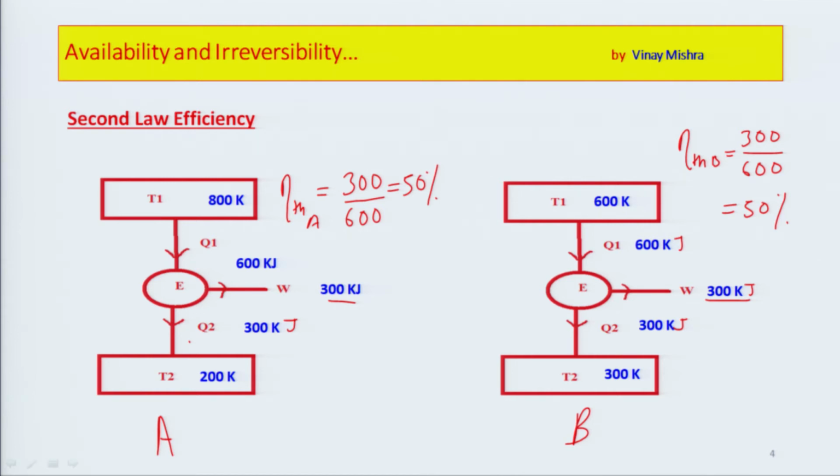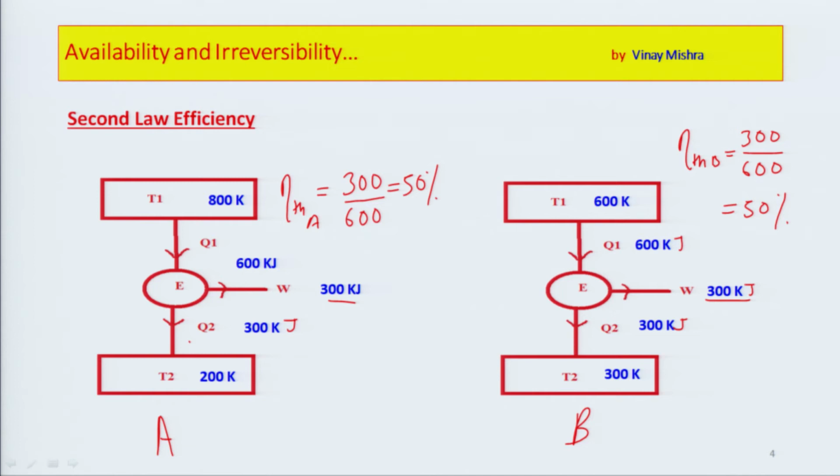And when we talk about its thermal efficiency, actual efficiency, its performance is somewhere equal to 50%. The efficiency of this one is around 50%, the same efficiency. For this engine also we are having the efficiency of 50%.